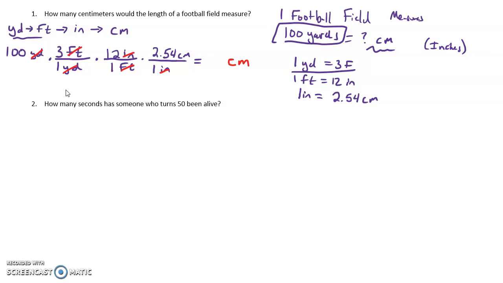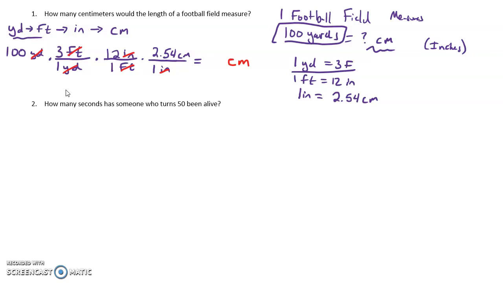Now, how we operate this is anything on the top, we're going to multiply across, and then we'll divide by anything on the bottom. So 100 times 3, I didn't get my calculator out. Let me get that out. 100 times 3, I know, is 300. Times 12 times 2.54.